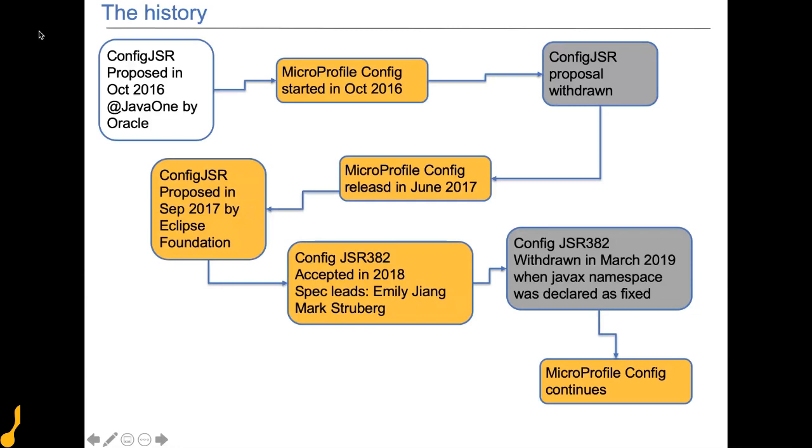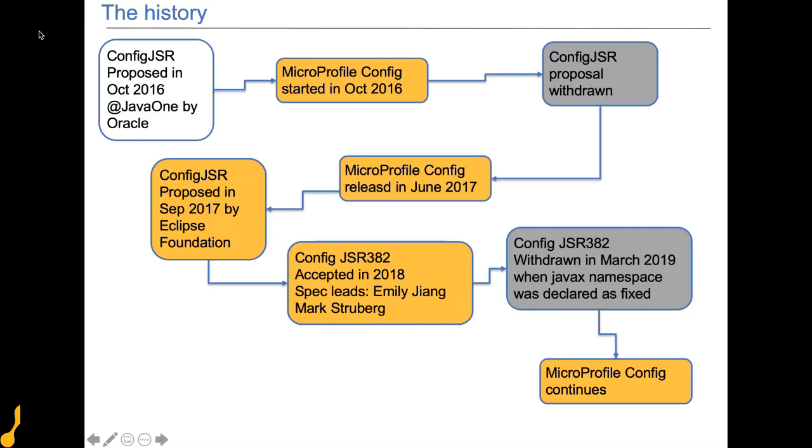And earlier this year, Java EE moved to Eclipse Foundation and was renamed Jakarta EE, and only this year in March it was finalized. All the Java EE specs, if they want to do any update, their namespace has to be updated from javax to jakarta. Because of this, the JSRs under the JCP in Oracle have to go through a namespace change.